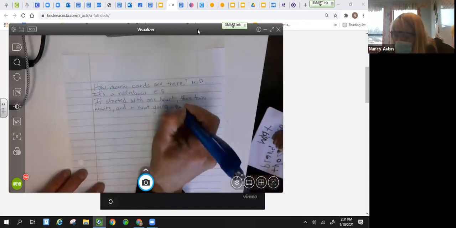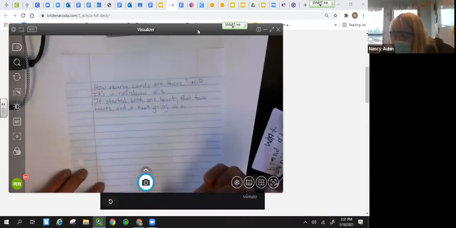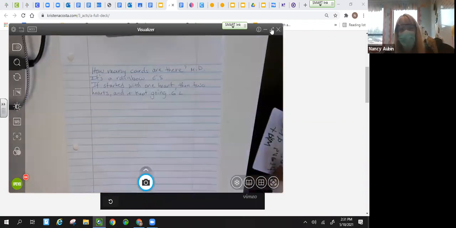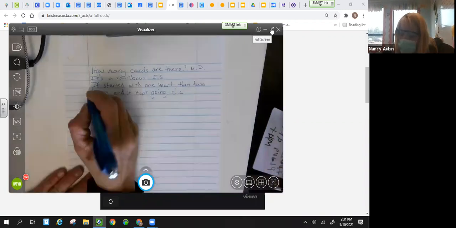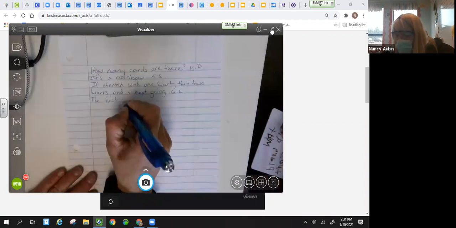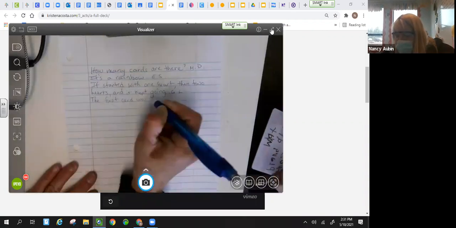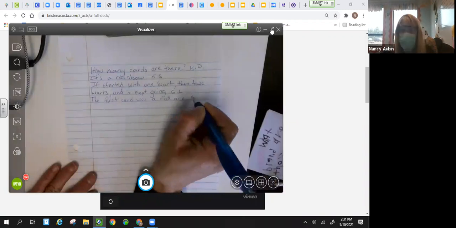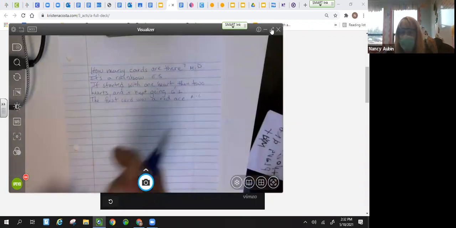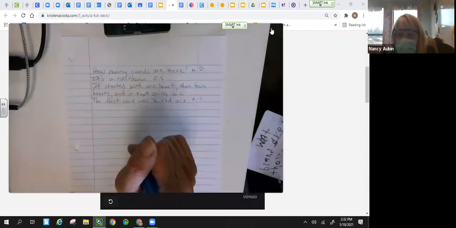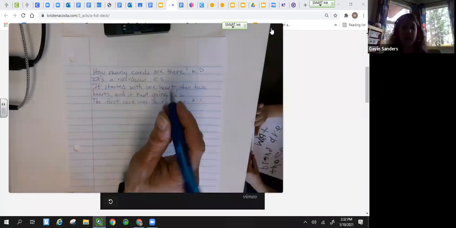Thank you for sharing. Astria, what did you notice? What did you wonder? I noticed the first card is red and an ace. The first card was a red ace. Gavin, what are you wondering or what did you notice? I wonder what this has to do with math.